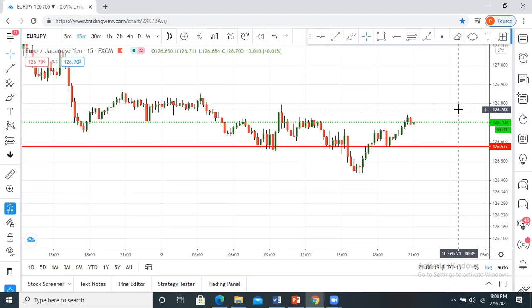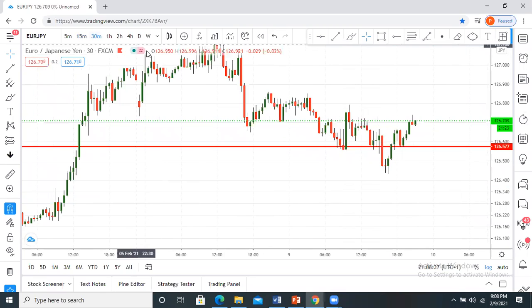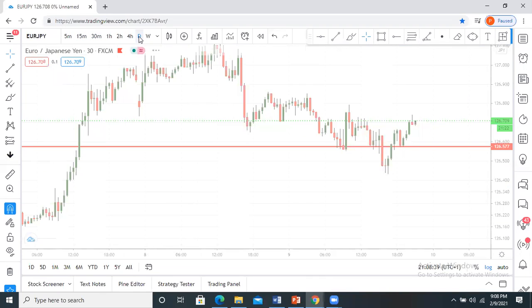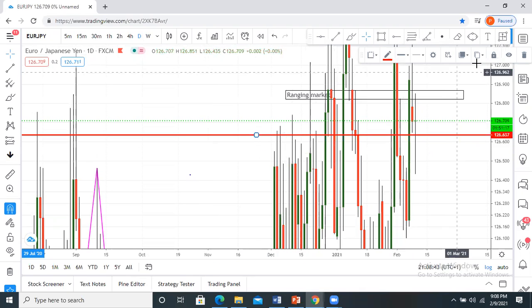Do not use a small time frame such as 15, not even 30 minutes, to determine your trend. You want to go back to something like daily to know if the market is actually trending.